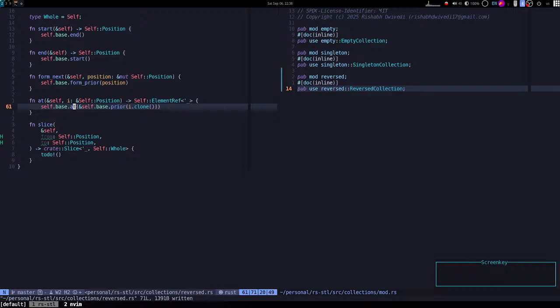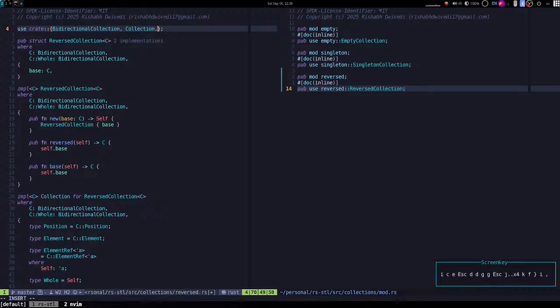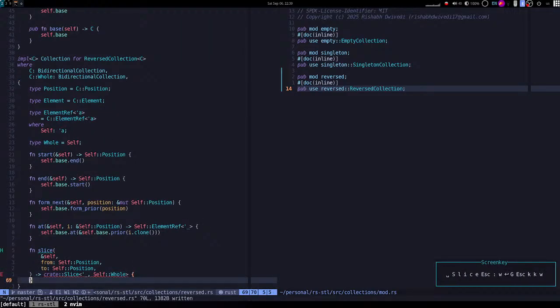And then there comes slice, and for slicing, what is slice? I think slices should be like, okay, I would like to have slice like that, right?